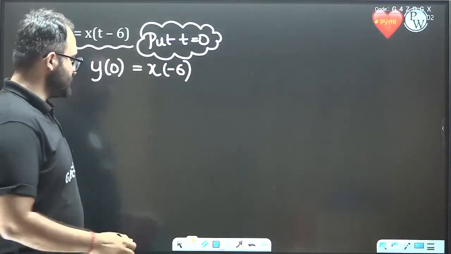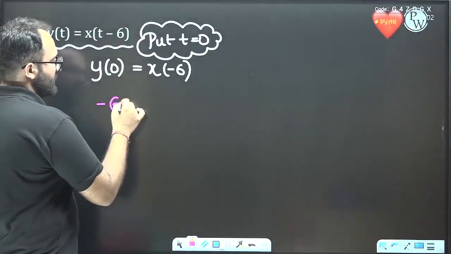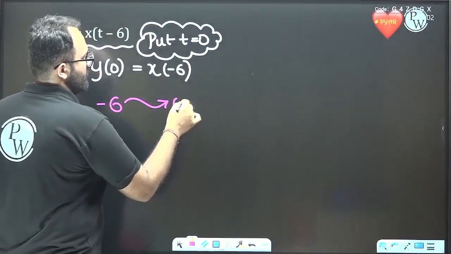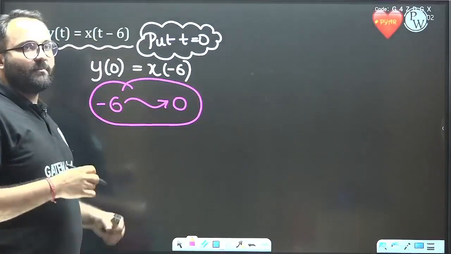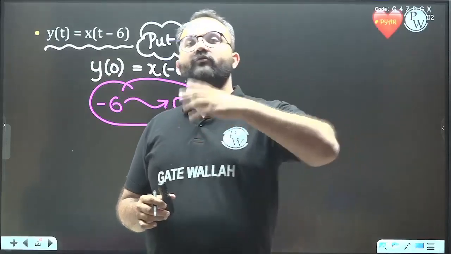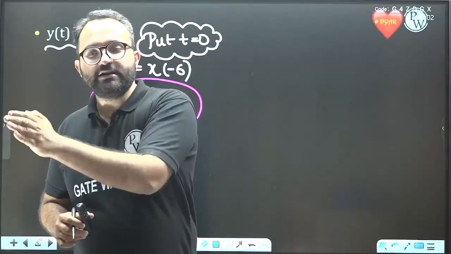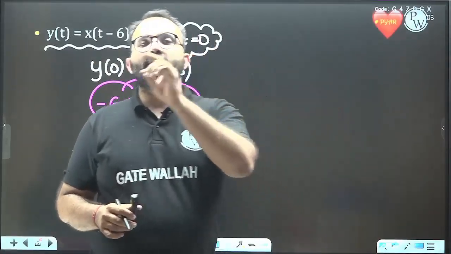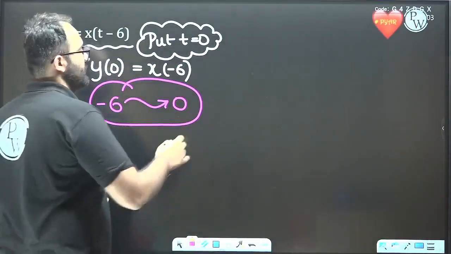So here we can see that minus 6 in the old signal is jumping to 0. Minus 6 jumping to 0 means forward movement or right shift by 6 units.